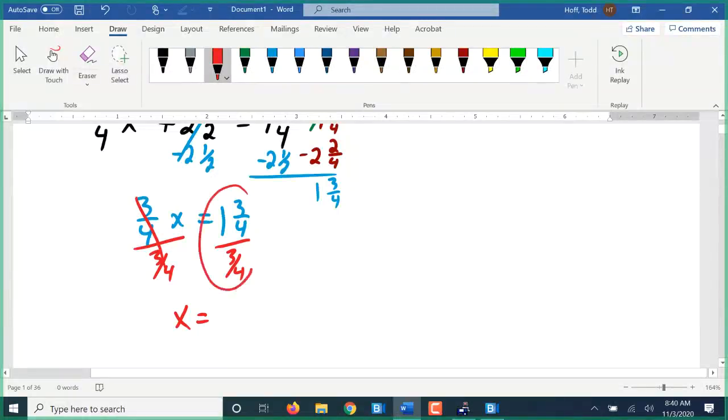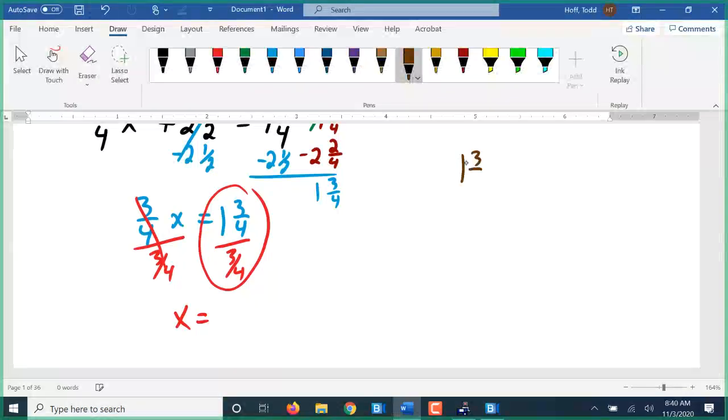We have to do 1 3/4 divided by 3/4. First, we're going to turn the 1 3/4 into an improper fraction. 1 times 4 is 4, plus 3 is 7/4. Then we're going to turn this into multiplying by the reciprocal.